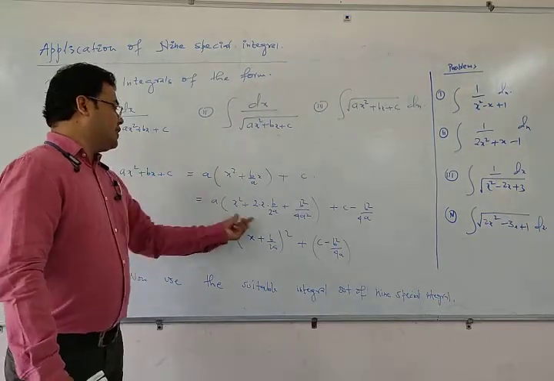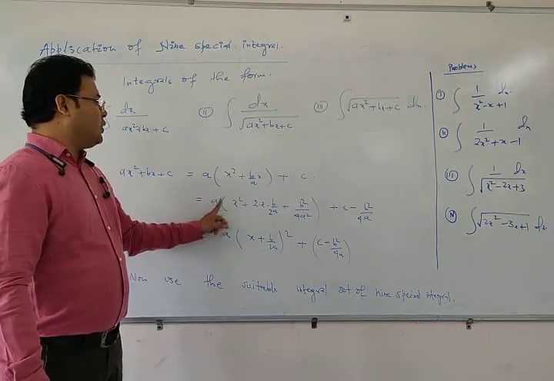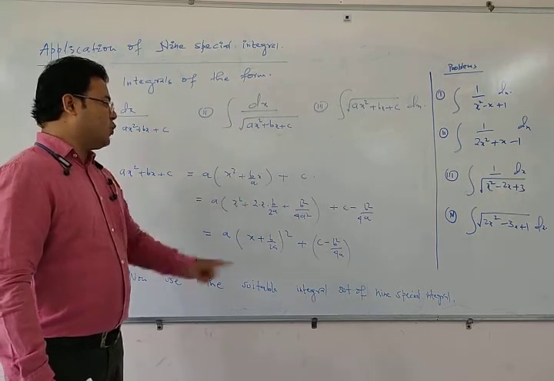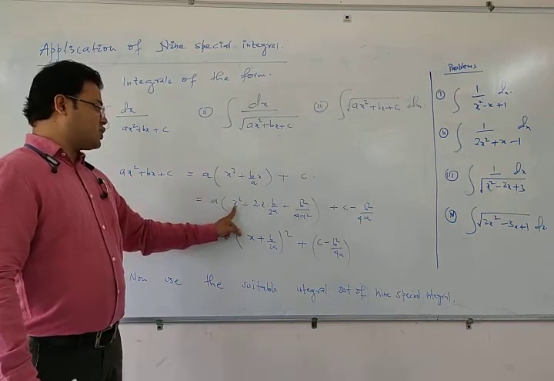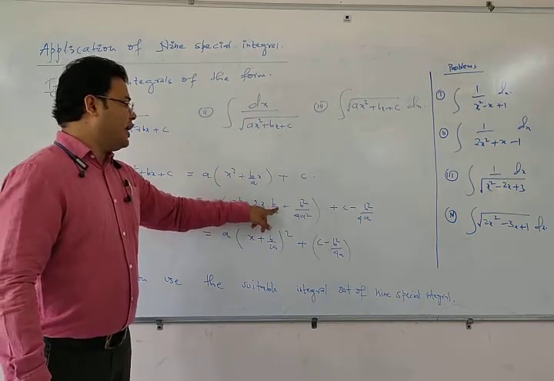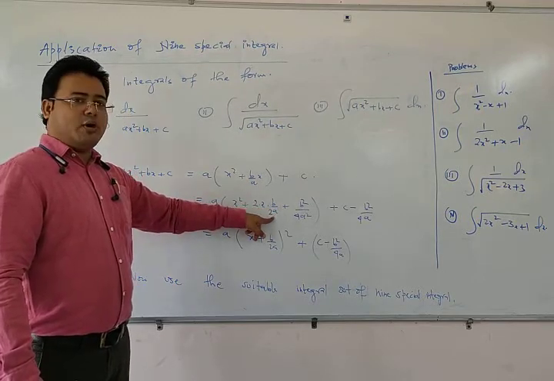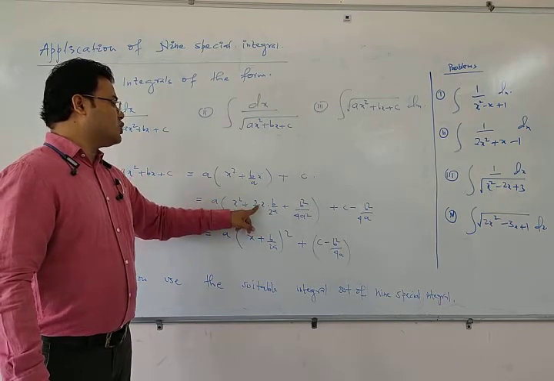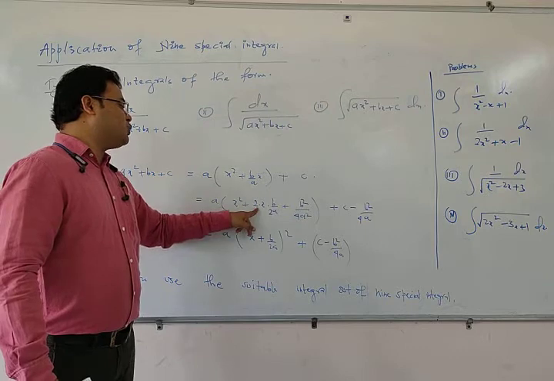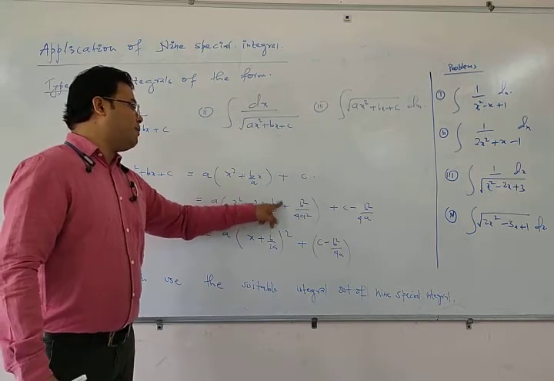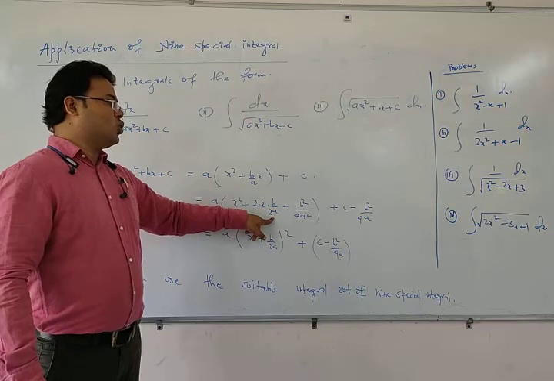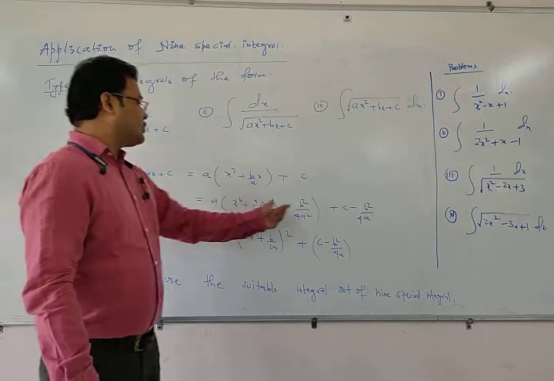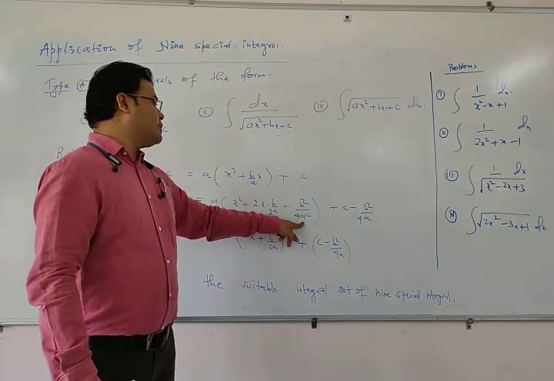So here we write a into x square plus b by a into x is already present, so we write 2 into x. Here x square, so we write x, and here we write b upon 2a. Since an extra 2 is present here, we have to manage it by dividing. So in place of b we write b upon 2a, and in place of b square we write b square upon 4a square, and the extra term b square upon 4a is managed.